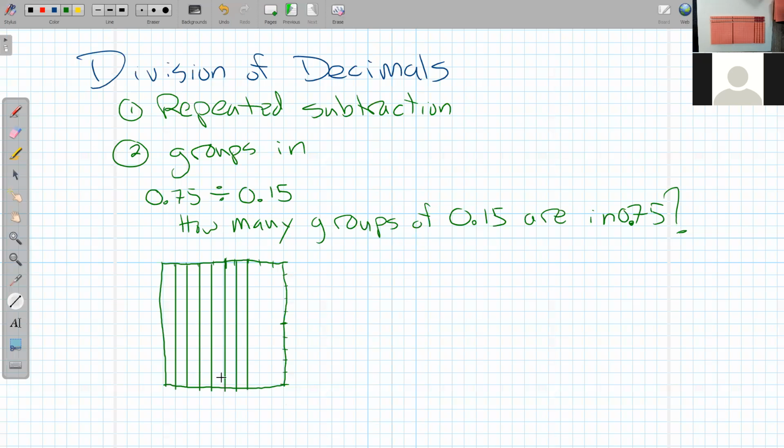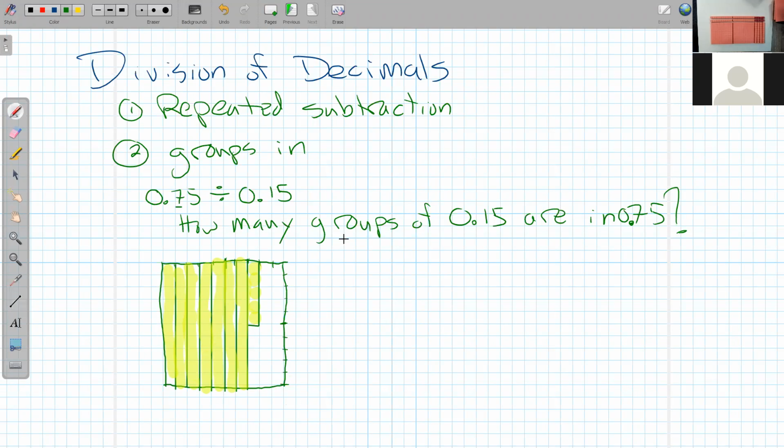All right, so there are 7 tenths. Let's shade them. 1, 2, 3, 4, 5, 6, 7. And then I have 5 hundredths to put in there too. So this is my 75 hundredths to start with.